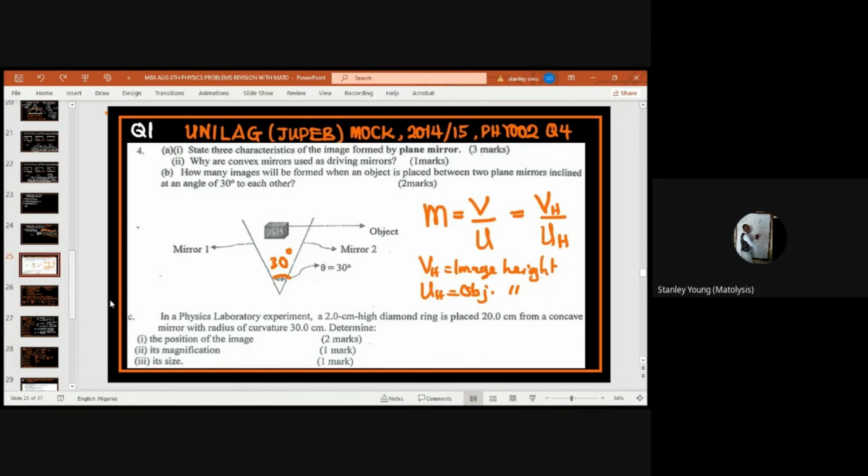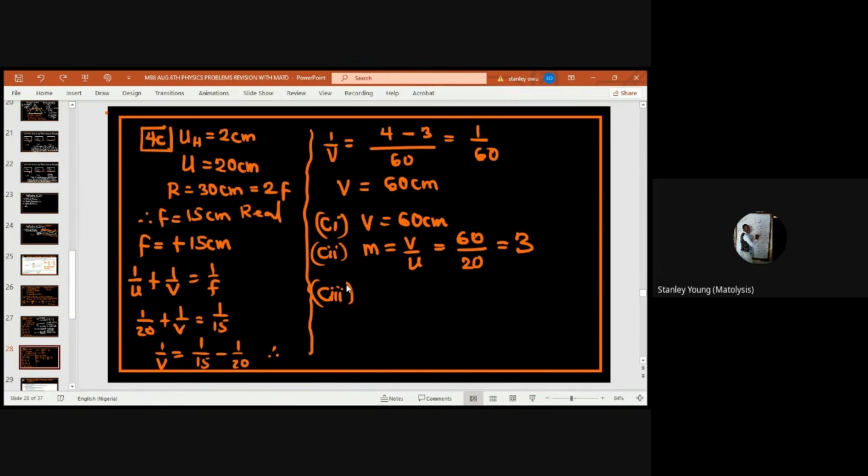The last thing the question wants you to find is the size of the image. Okay, size of the image means we are looking for VH, right? So what do we make use of? The magnification. Don't forget that magnification equals VH divided by UH, right? So from there, my VH is just going to be multiplication, which is 3, times the object size.